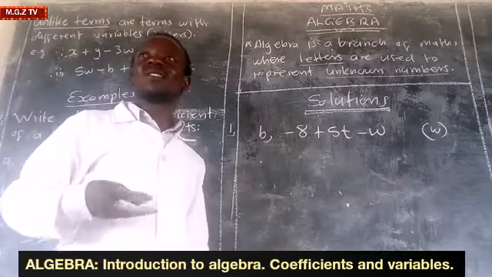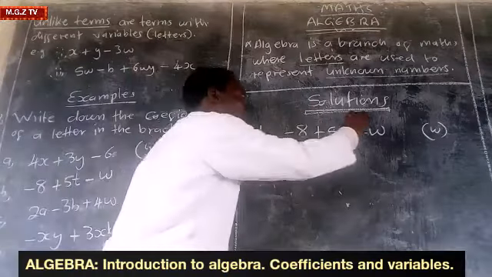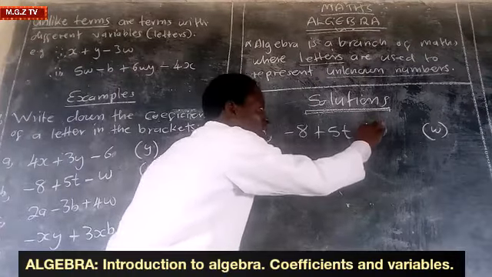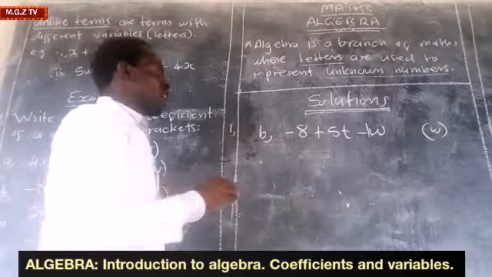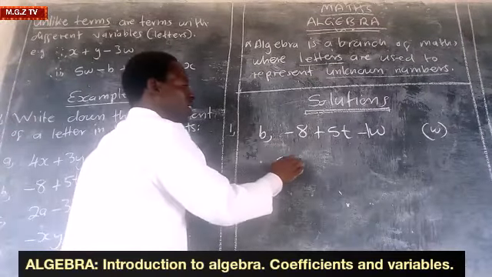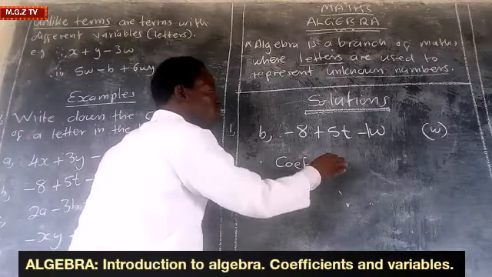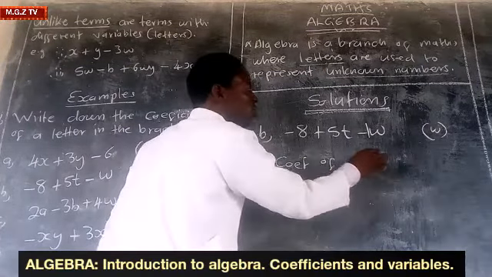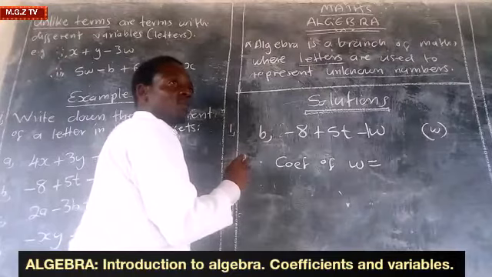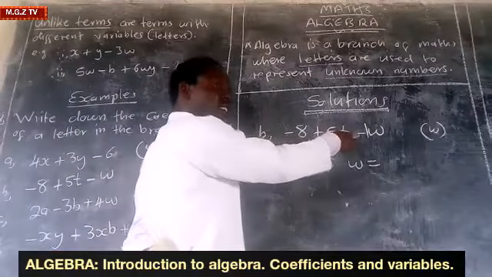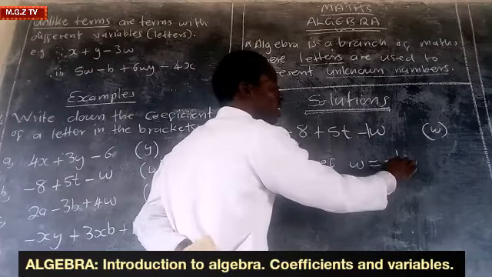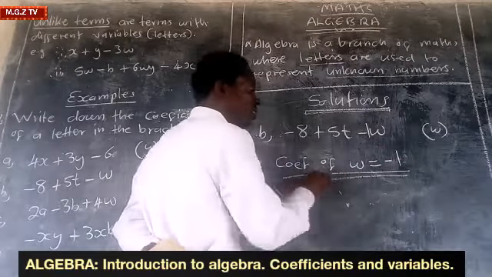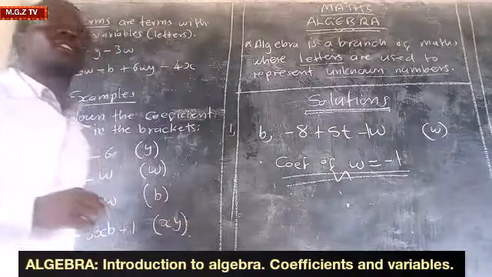Just put 1 there. No number, just put 1. Then from there you say the coefficient of w is equal to negative 1. You get the sign and the number.